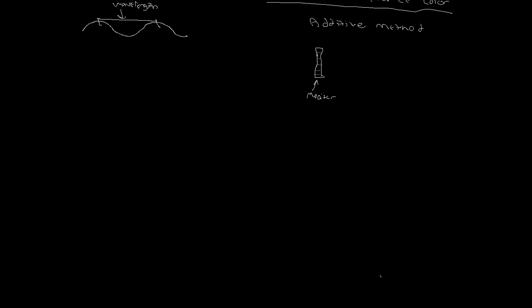Each pixel in the back of it has three little diodes, at least the method I'm describing does. There are different ways to approach this, but the end result is always the same. We have a diode that produces blue, a diode that produces red, and a diode that produces green. So each pixel has these little elements that produce red, green, or blue light.